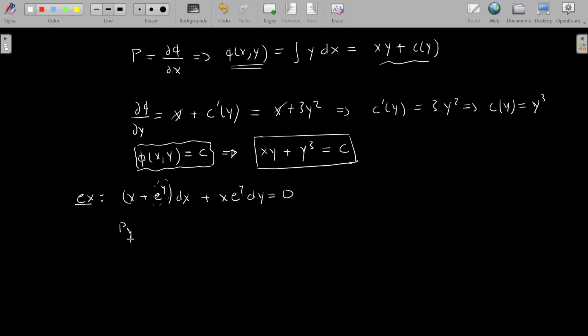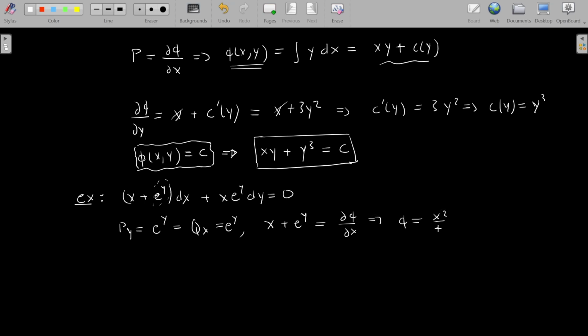Now, P_y is e to the y, which equals Q_x. It's easily seen. So what this means is that P is going to be ∂φ/∂x. So P is this guy, x plus e to the y, equal to ∂φ/∂x, so integrate everything.